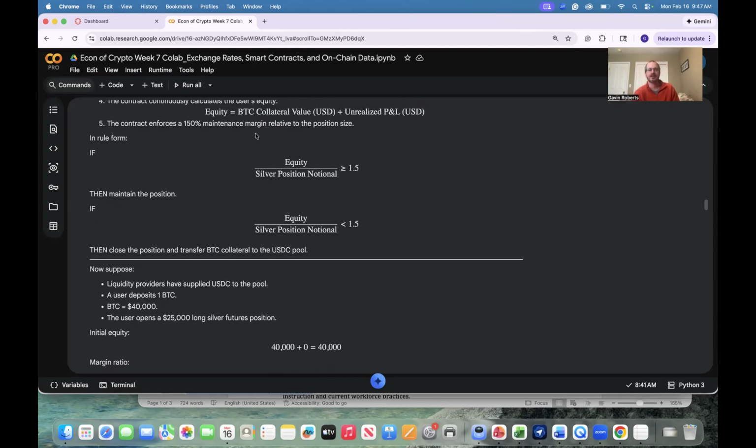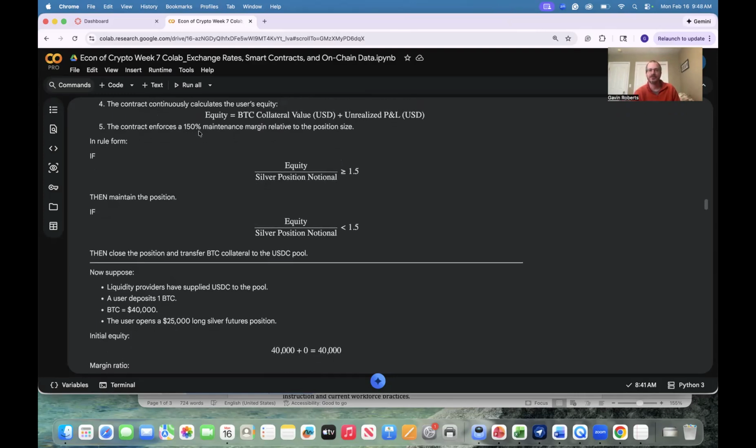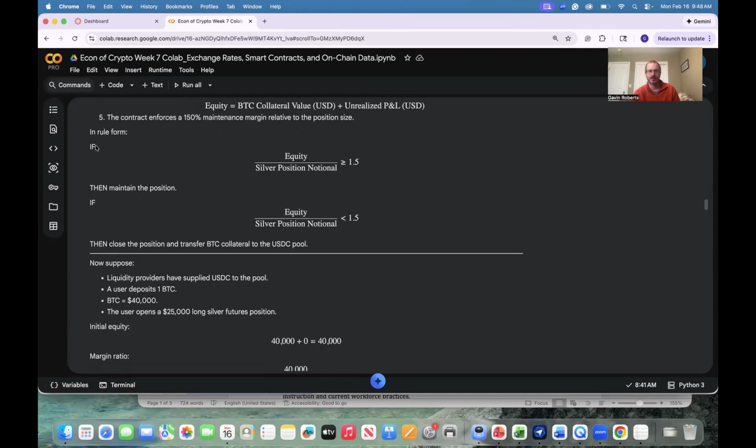So the contract enforces a 150% maintenance margin relative to the position size. So in rule form, equity, what I put in Bitcoin plus my unrealized profit or loss, divided by my initial bet on silver futures, needs to be greater than 1.5.